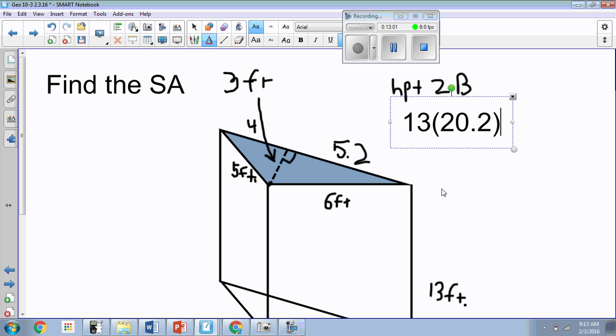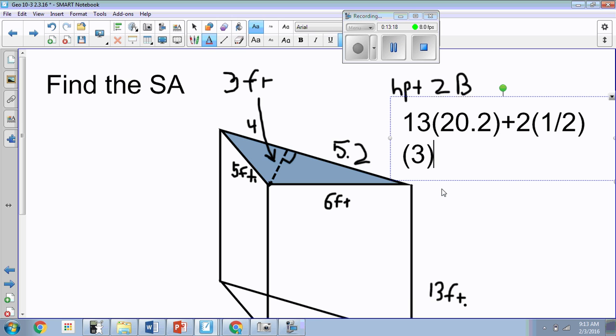And then we have to do plus 2 times area of the base, which is 1/2 of 3 times 9.2. Let me pull that back a little so it doesn't wrap around like that.